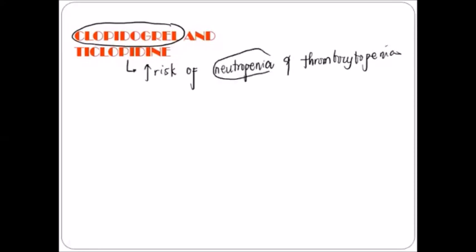Ang neutropenia meaning mababang neutrophil count, or in other books, leukopenia ang sinasabi. Sa leukopenia naman, in totality kasi yun na leukocytes, pero ang pinaka-distinct ang pagbaba ay neutrophil count. Now, anong implikasyon pag mababa ang neutrophil count ng pasyente?